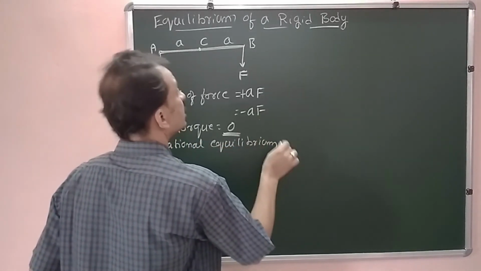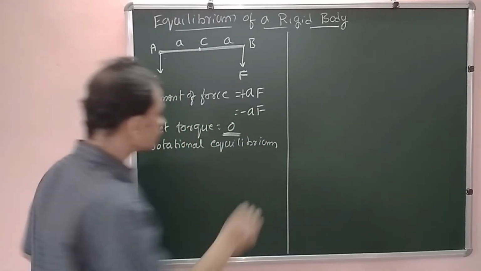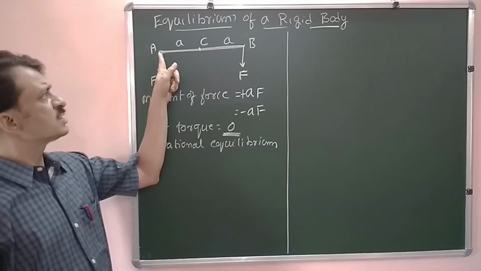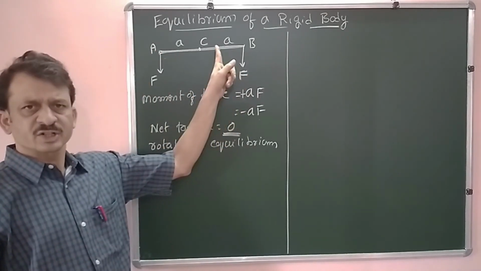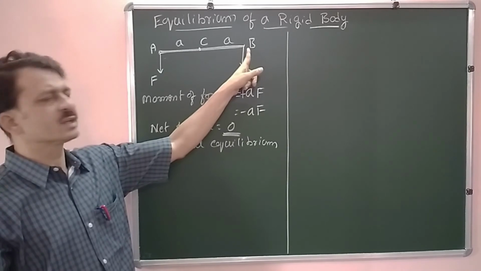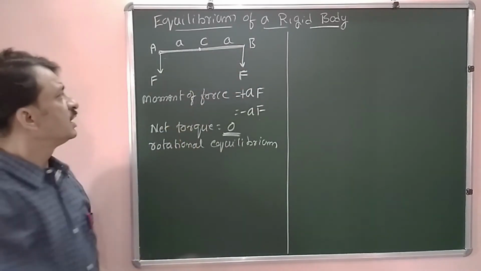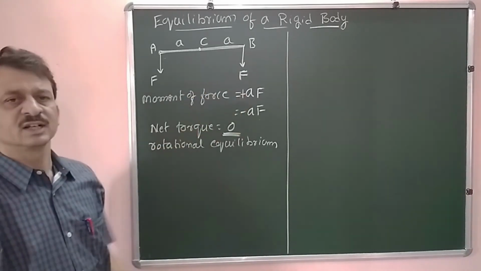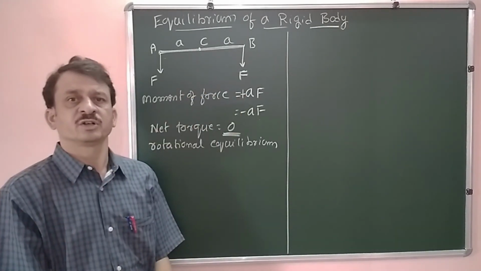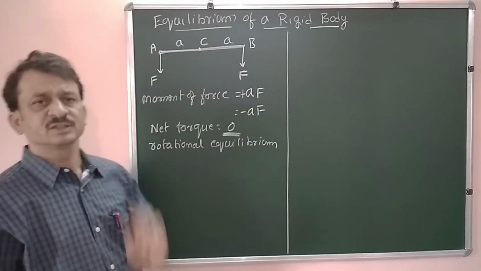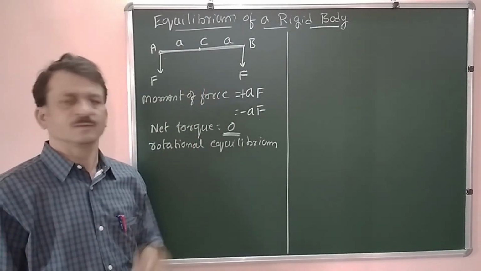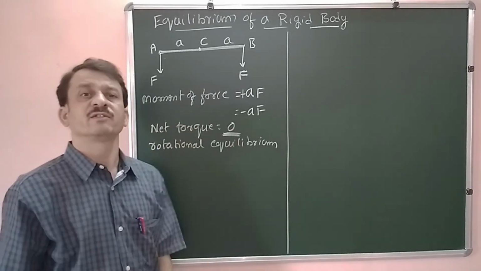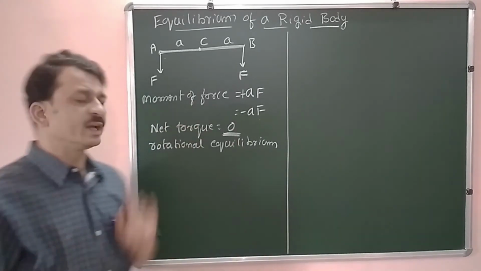Why? This force tends to rotate the rod in the anti-clockwise direction, and this force tends to rotate it in the clockwise direction. Since these two forces are equal, they get cancelled. There is no rotational effect on this rigid rod. Therefore, the rod is in rotational equilibrium. It is not at all rotating.